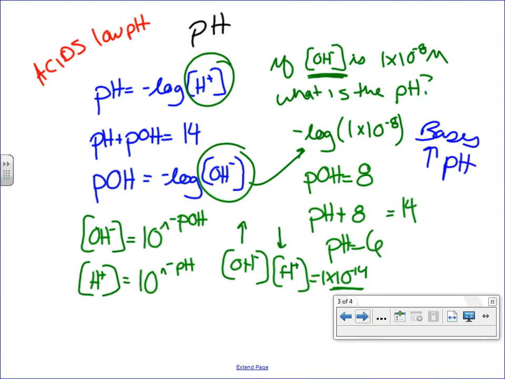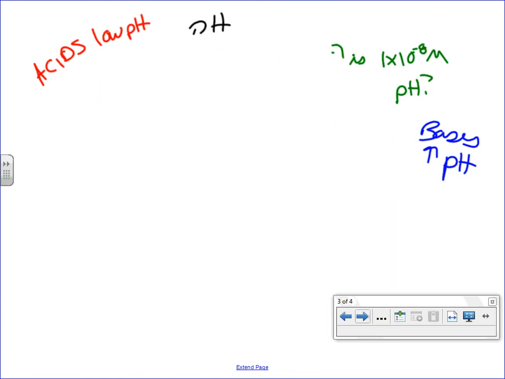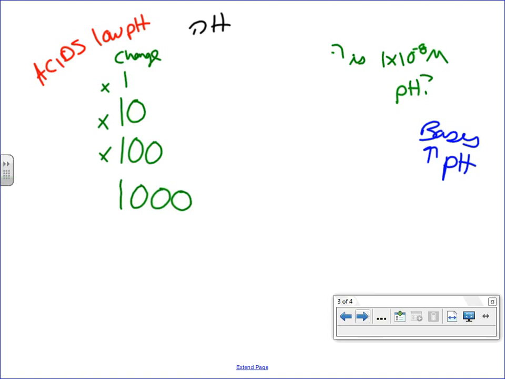Finally, I'll erase this. There we go. You need to know that every increase by 10 in concentration, okay? If this is my H plus concentration, it's going to be my change multiplied by 1, by 10, by 100, by 1,000. Here's my H plus concentration.